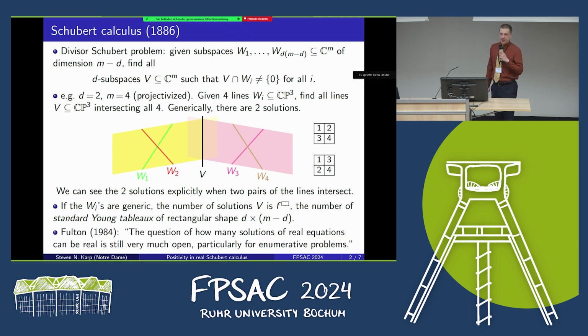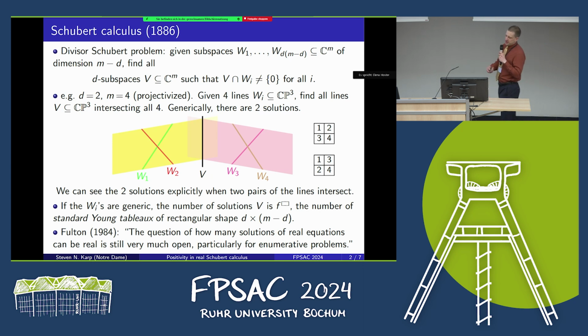Okay, now everything I've said so far is over the complex numbers, and it's often nice to work over the complex numbers because it's algebraically closed. But for many practical purposes or applications, we may be interested in solving the Schubert problem over the real numbers. And in general, it's very difficult to prove anything in real Schubert calculus.